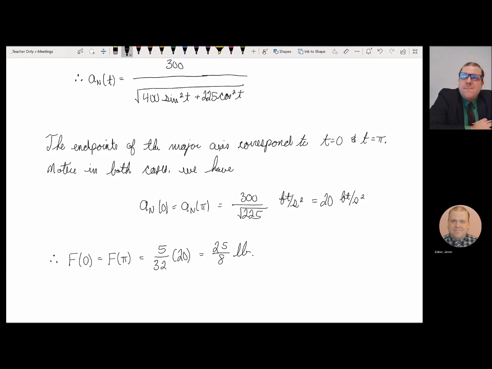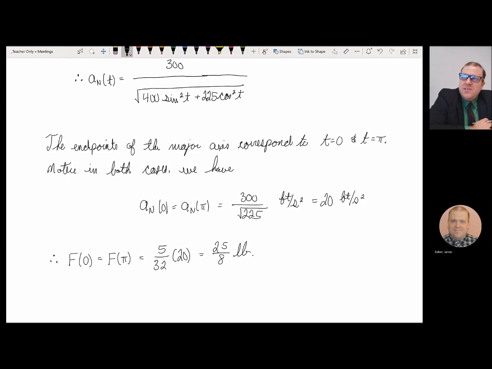Why did we use 0 and pi? Why was it just 225 under that? What is the sine of 0? What's the sine of pi? So the sine just disappears. What's cosine of 0?